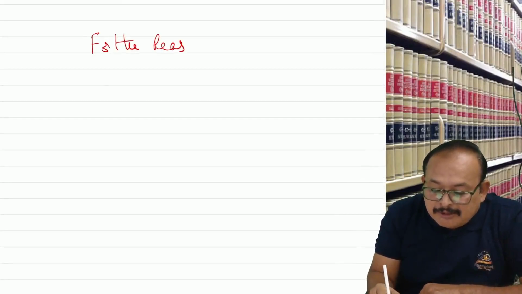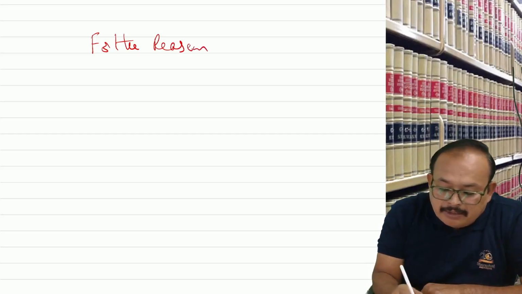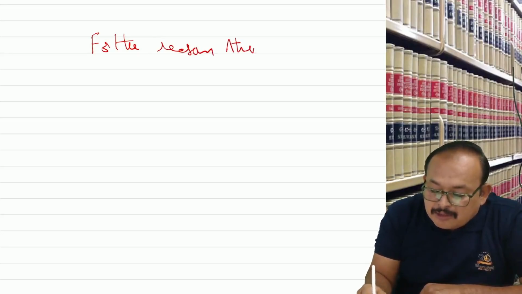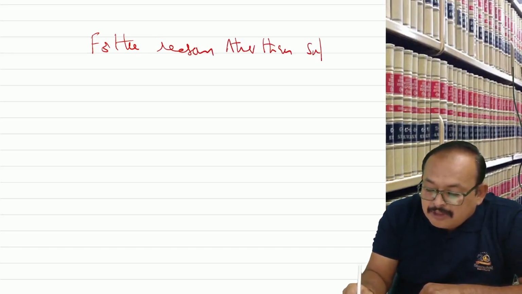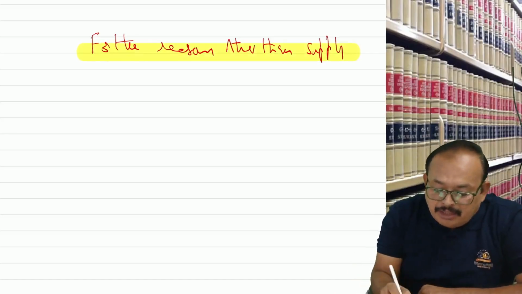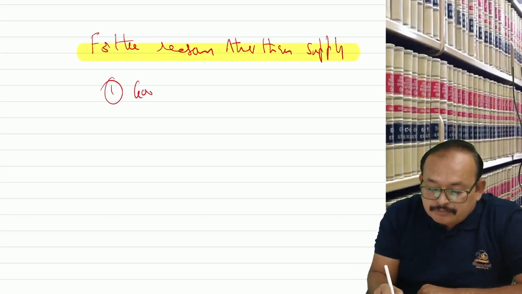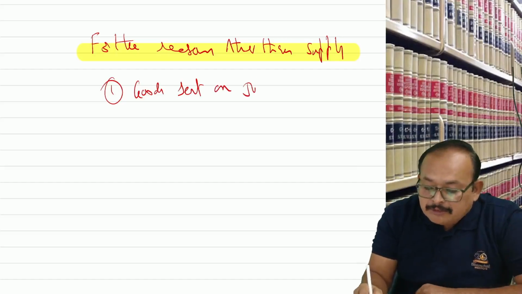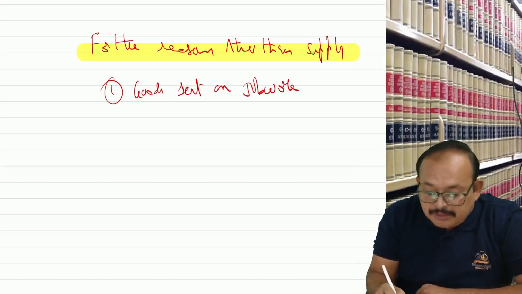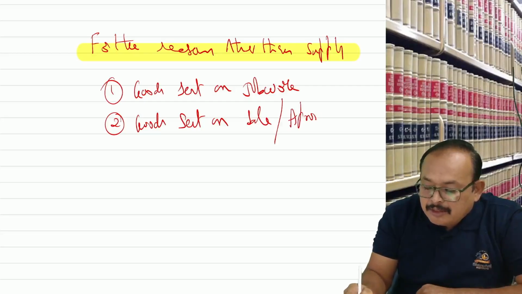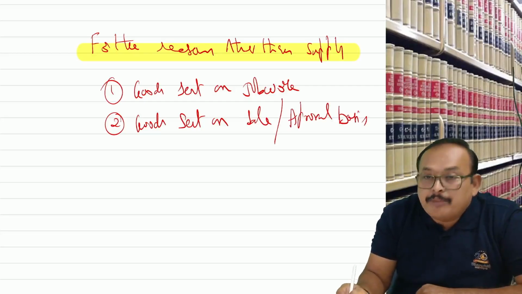Even so, I am telling you, my dear, an e-waybill is required to be generated for reasons other than supply. Repeating, it is important to note: for reasons other than supply. What do you mean by reasons other than supply? I will tell you. One, goods sent on job work. Two, goods sent on sale or approval basis.